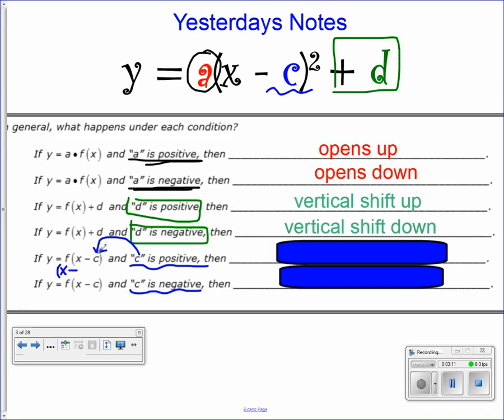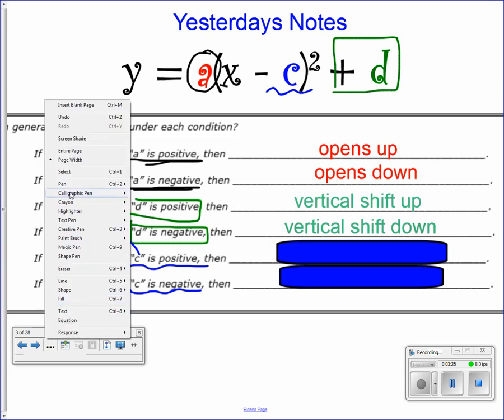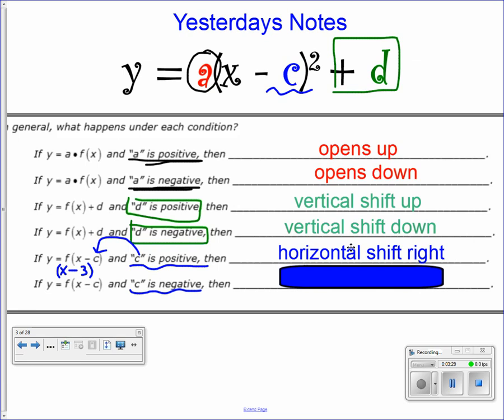If I plug in, say, a positive 3, it would look like this. But even though I plugged in a positive 3, the negative was a part of the formula. So the positive 3 actually becomes a negative 3. And that makes the graph shift to the right. So if you have a negative number in your parentheses, the graph shifts to the right.